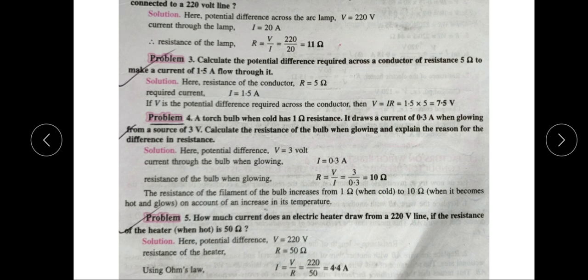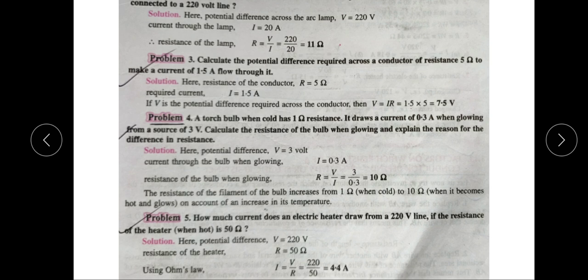A torch bulb, you know that torch bulb. A torch bulb, when cold, has 1 ohm resistance. It draws a current of 0.3 ampere when glowing from a source of 3 volt. Calculate the resistance of the bulb when glowing and explain the reason for the difference in resistance.